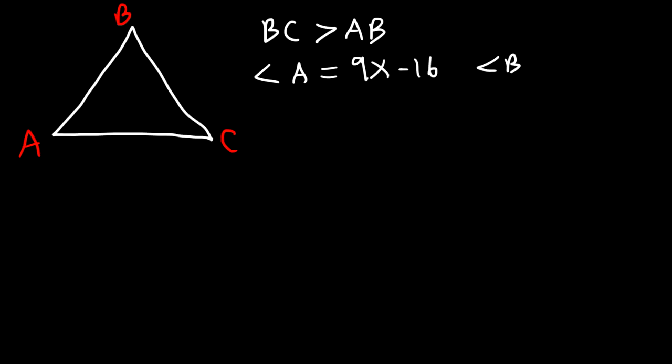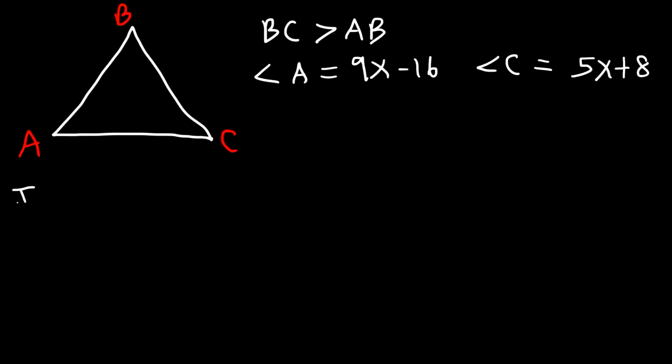And angle C is equal to 5x plus 8. So what are the restrictions on the value of x? Feel free to pause this video and find the restrictions on x.